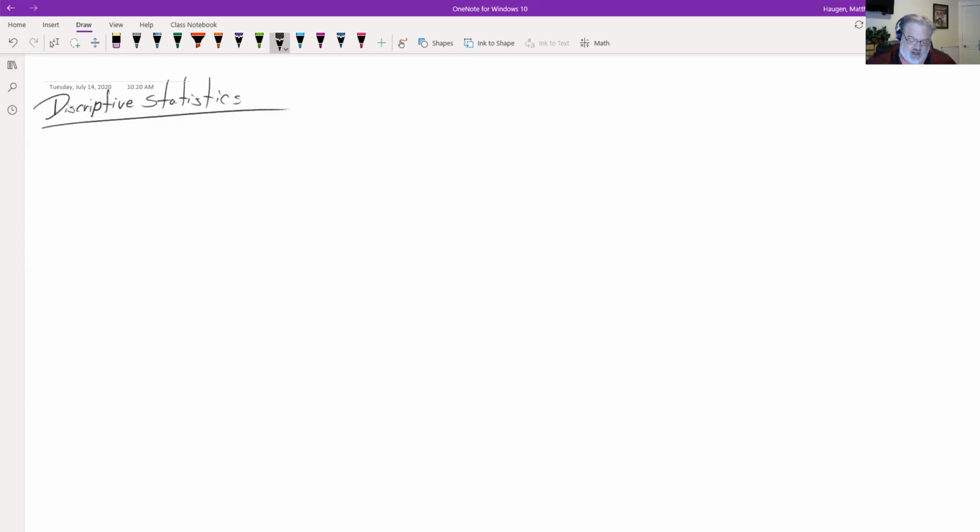The first set of descriptive statistics we're going to talk about are ones that measure center. So, measures of center. Measures of center is a fairly technical term. They're essentially finding specific values that can stand for the whole.